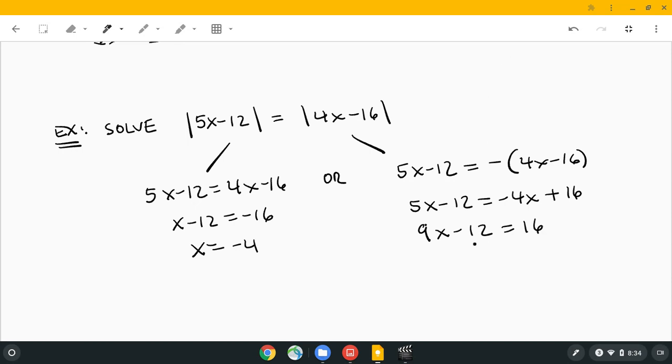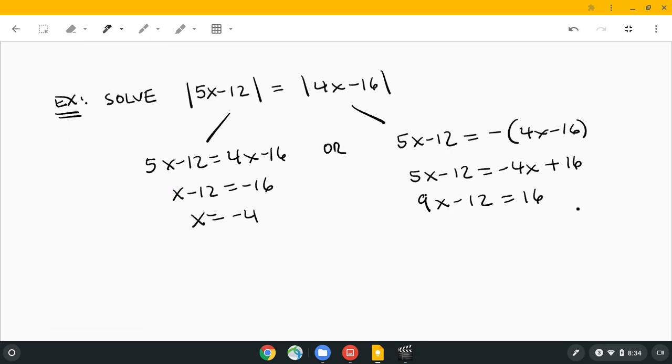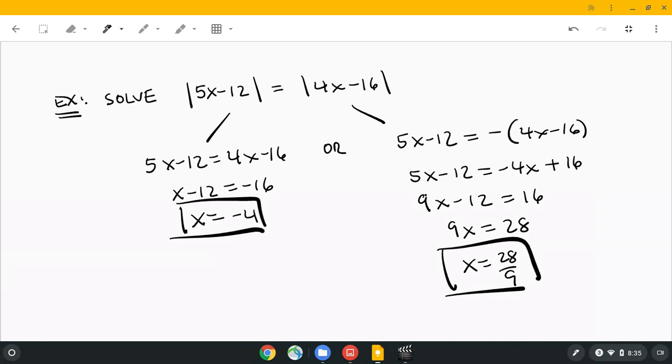And I will add 12 to both sides. That will give me 28. And I'll divide both sides by 9. Okay. So these would be my two answers. X equals negative 4. X equals 28 over 9.